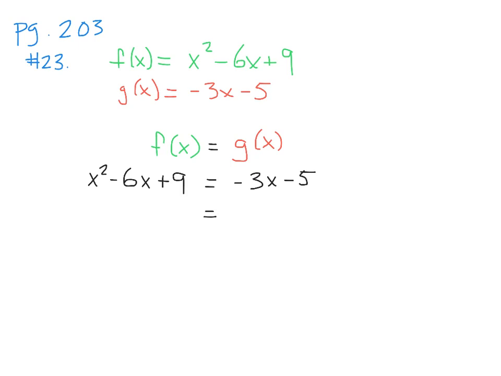I'm going to bring everything to one side, equals 0. I've opted to bring everything to the left so that the x squared is positive. So I have x squared minus 6x, and bringing the negative 3x over, it's positive 3x. Then I have a positive 9. Bring the negative 5 over, it's positive 5, equals 0. So I end up with x squared minus 3x plus 14 equals 0.